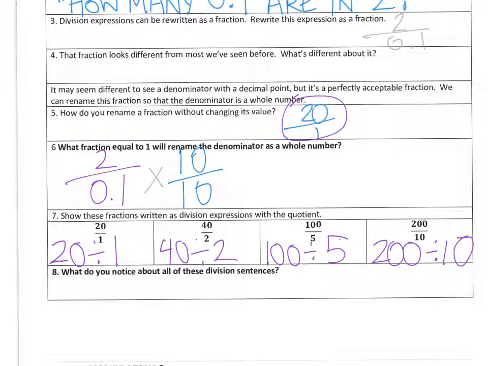Now all of these division sentences, what do they have in common? The answer is 20. They all equal 20, which means all of those fractions have the same value. They're just different ways of expressing it. So 100/5 means the exact same thing as 40/2. They all equal 20.